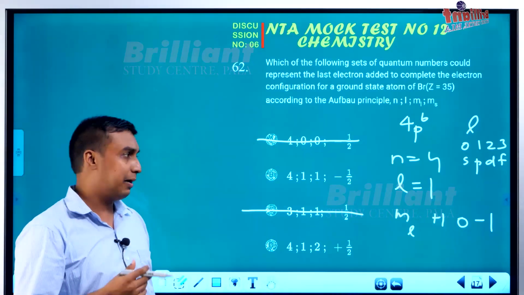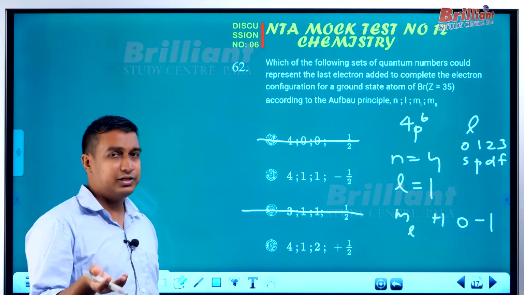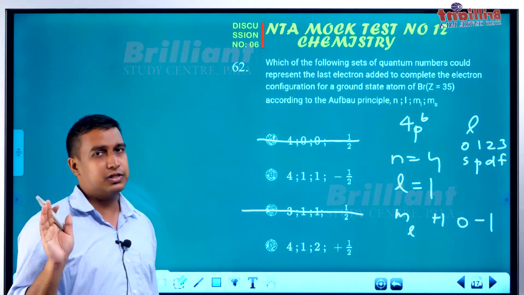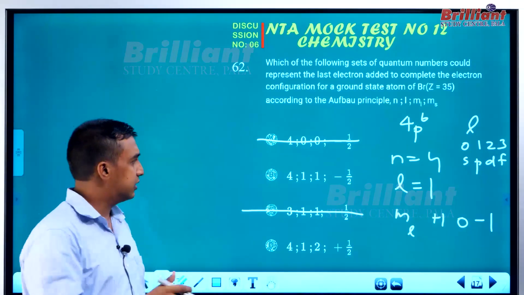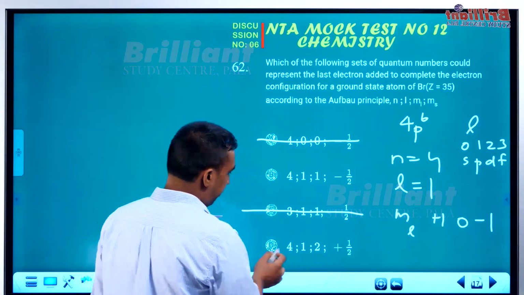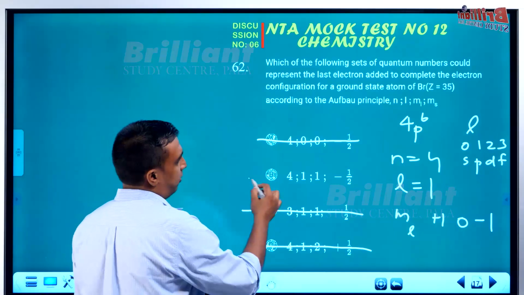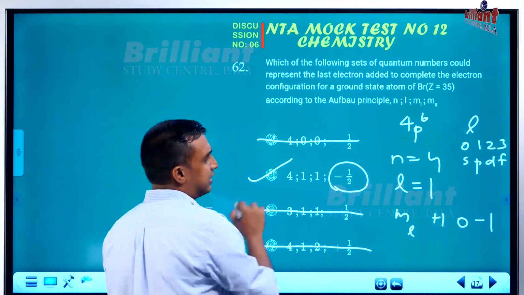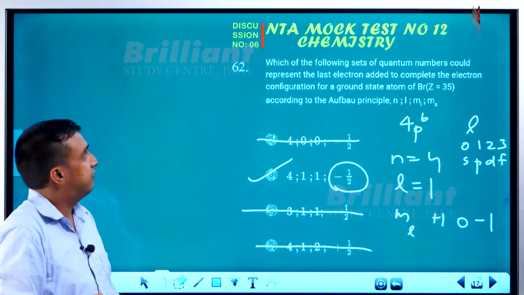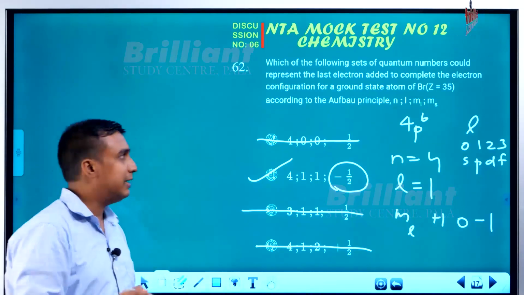At your level, we do not know which orbital it goes into. It can be either +1, 0 or -1. So option D will not come, because it has a wrong magnetic quantum number. So the only possibility is option B. The spin quantum number we cannot decide. It can be plus half or minus half. Question number 62, the answer comes as B.